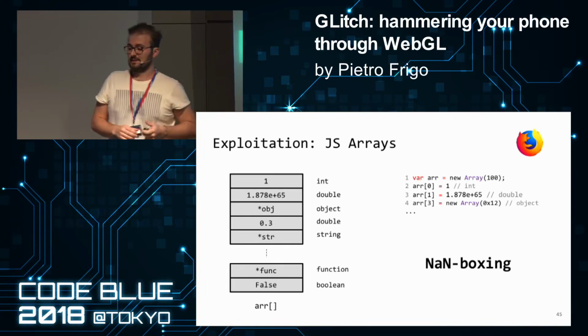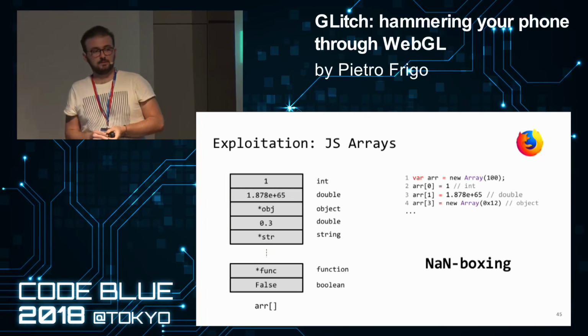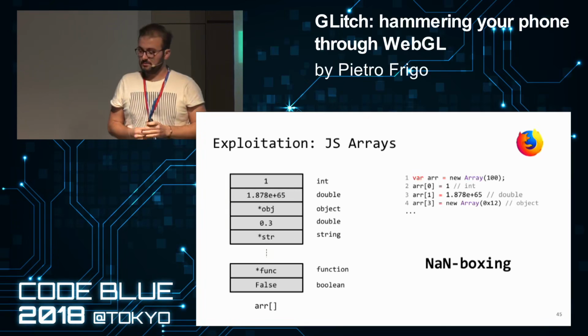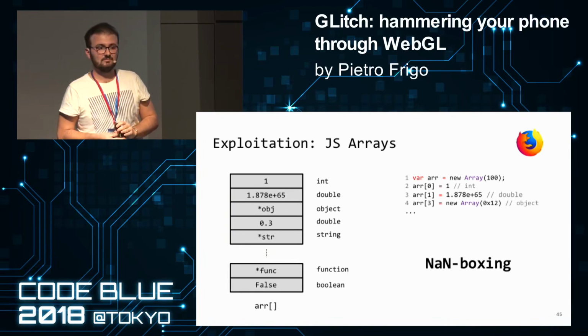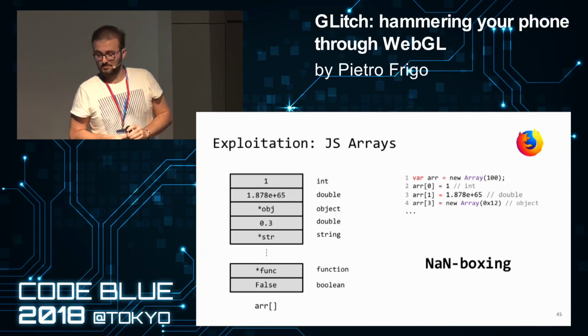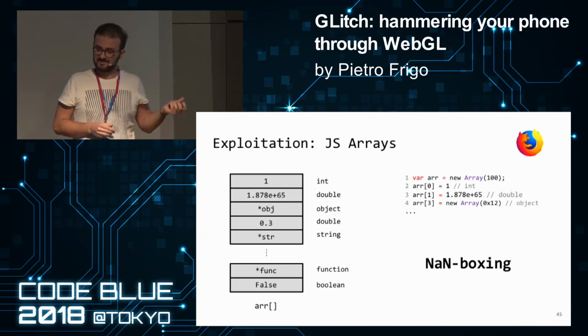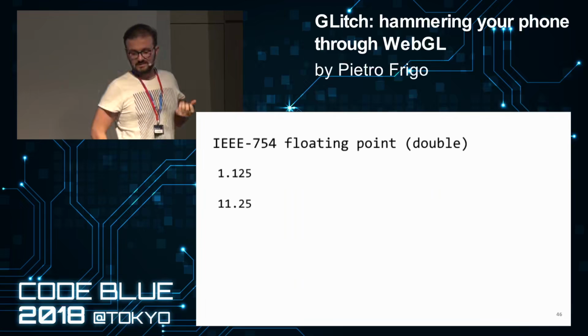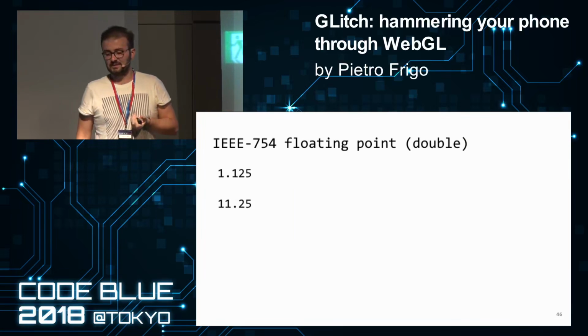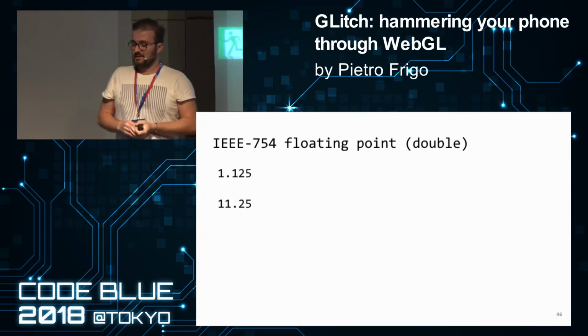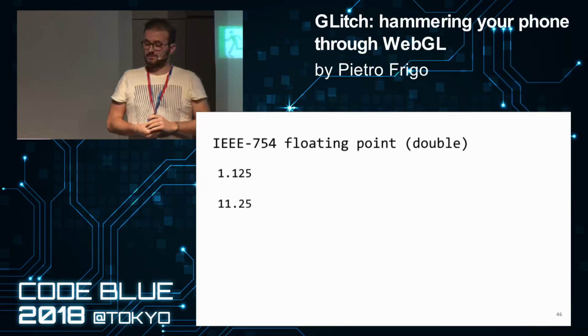And the answer is NaN-boxing. Now, how many of you know about NaN-boxing? Is anyone familiar with NaN-boxing? No? Okay, well, I'm going to explain. NaN-boxing is a consequence of the way that the IEEE consortium decided to design floating point numbers.